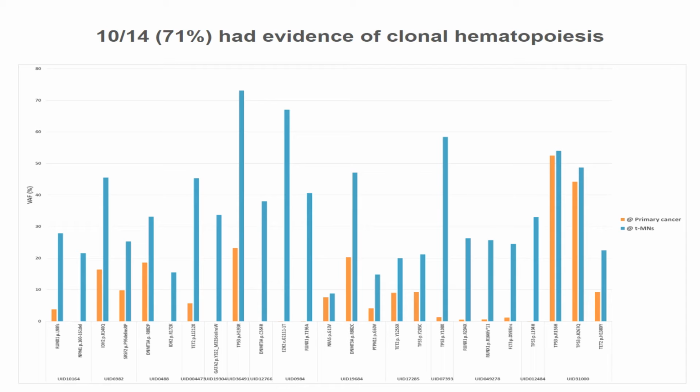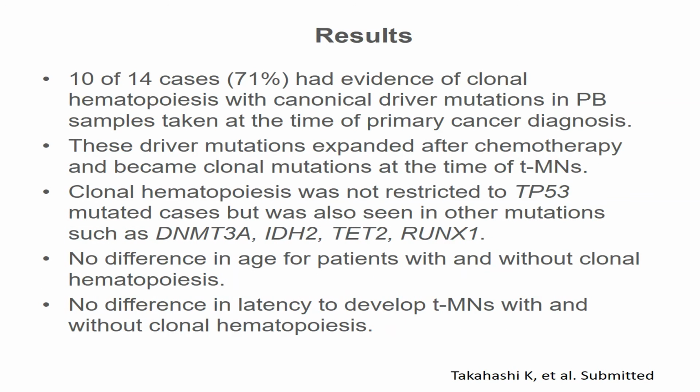So this leads to a hypothesis that these pre-leukemic clones may be present at least in a proportion of, or probably in a significant proportion of, patients who develop therapy-related AML or MDS after they receive chemotherapy for their prior malignancy. So potentially in the future, we can try to identify these patients at high risk, and potentially in the future, we may have strategies to try to avoid that.